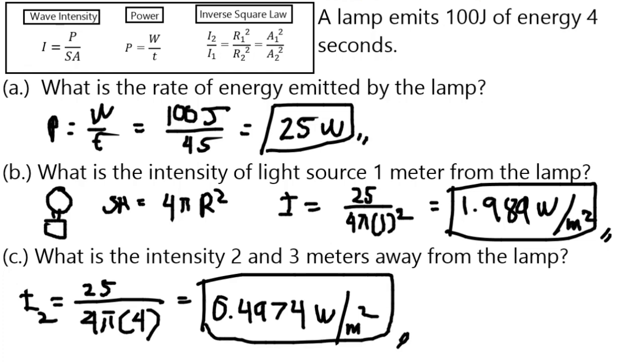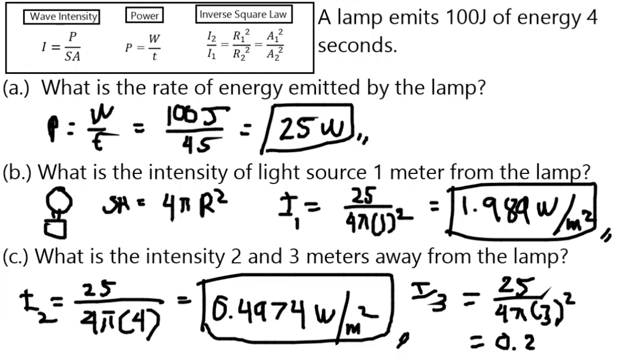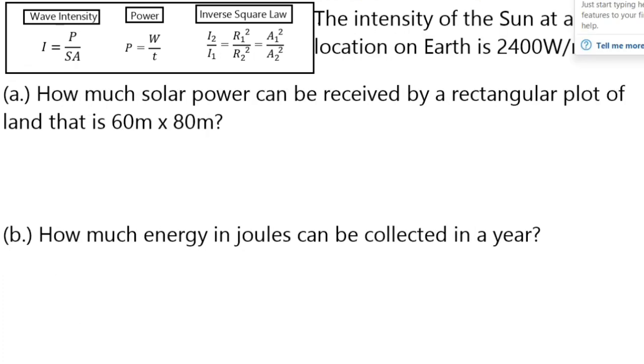So as we can see here, as the distance increases, the intensity just gets lower. The intensity 3 meters away from the lamp is going to be much lower because the distance is going to be greater. Okay, now we got 0.221 watts per square meter. So that's it.